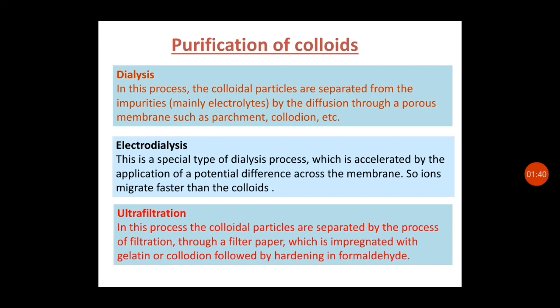This collodion actually reduces the pore size. Collodion solution is actually a 4% solution of nitrocellulose in a mixture of alcohol and ether. So this is about purification of colloid.